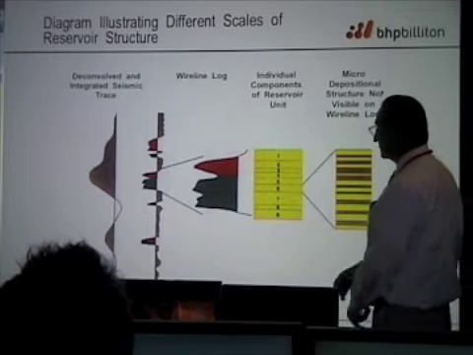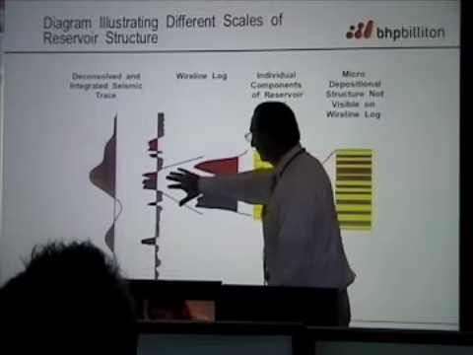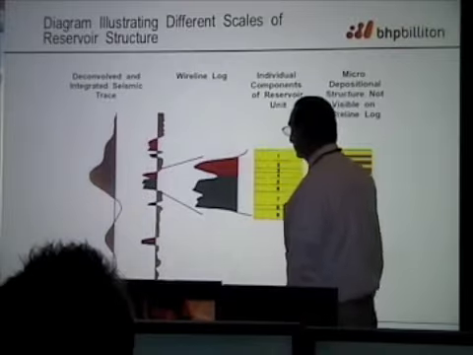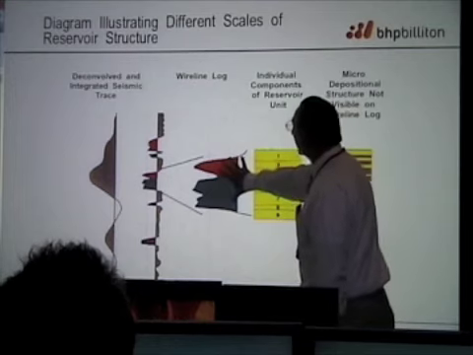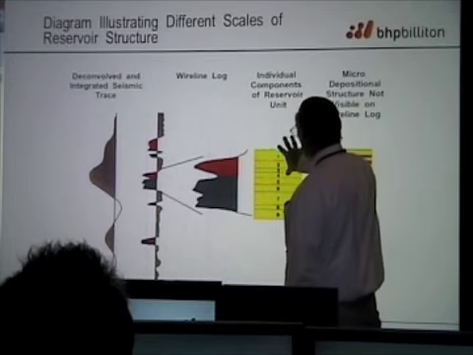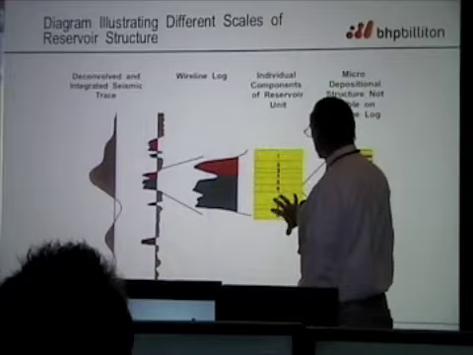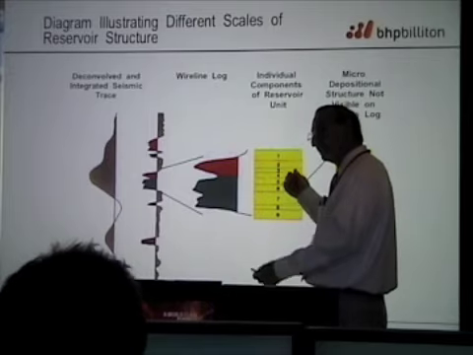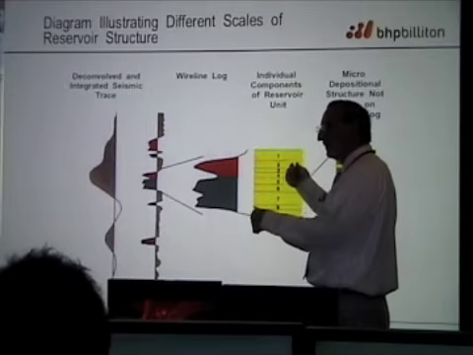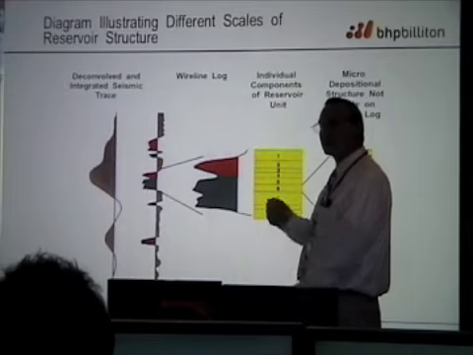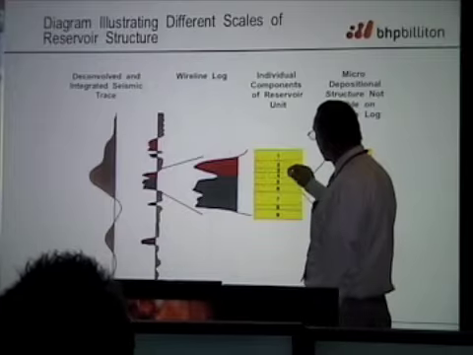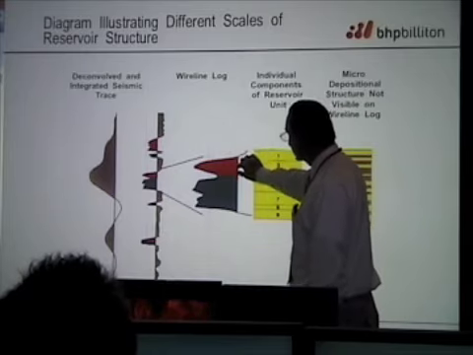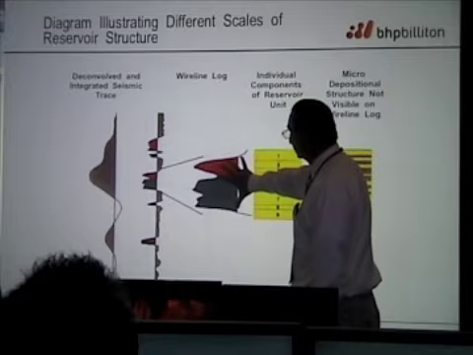Well, let's just open this baby up and look at one of these reservoir units. At that point, there are individual components. If you're a petrophysical engineer or a reservoir engineer, for reservoir simulation or calculations of reserves, how much have I got there, things of that nature, you start breaking these log responses up into, this might be 50 or 60 feet thick.